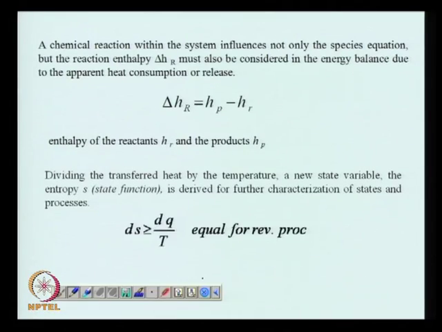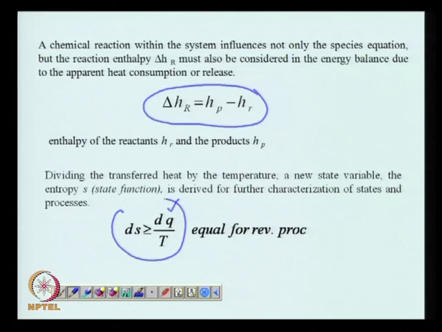Now, the total amount of heat that is transferred in a reaction system is given by this. If we divide the total amount of heat transferred by the temperature, we get the definition of entropy.